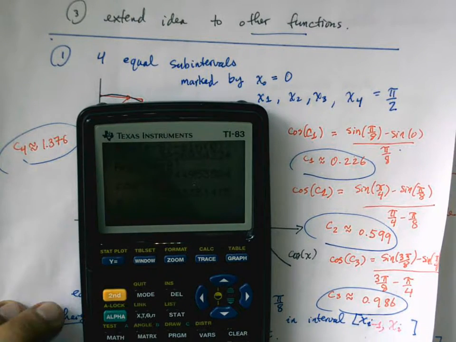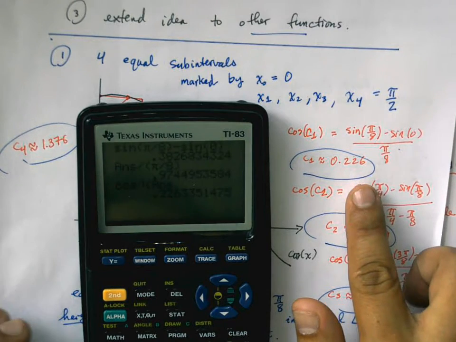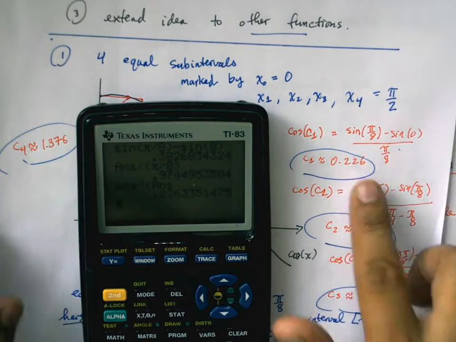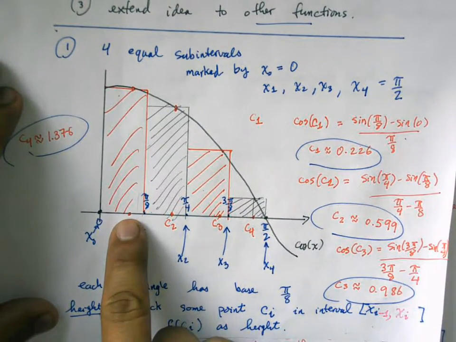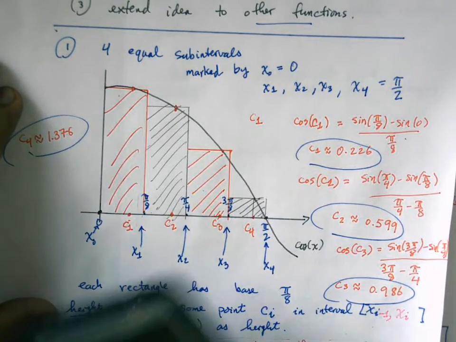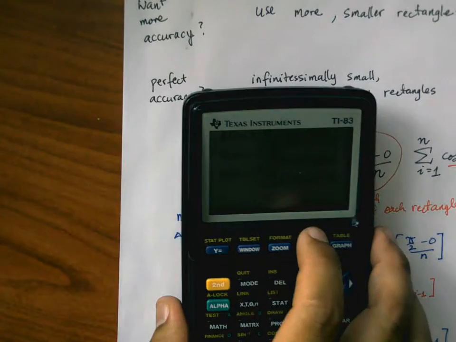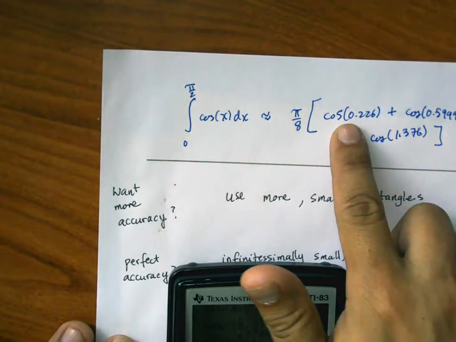Well, we had to do cosine inverse of that, and that gave us 0.226. However, what did we do with this 0.226? Well, 0.226 is the x value that we used to plug into the cosine function. So after that we took 0.226 and plugged it right back into the cosine function.